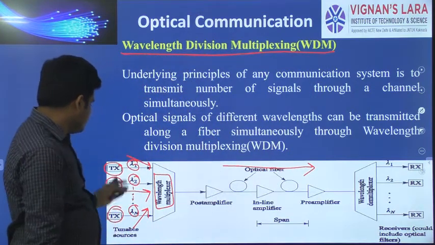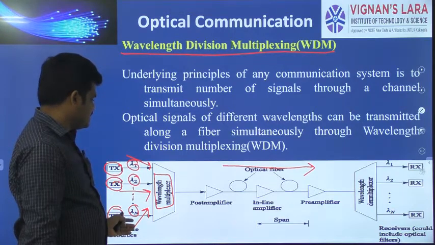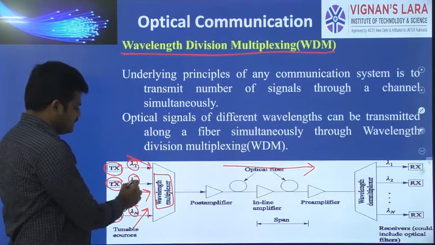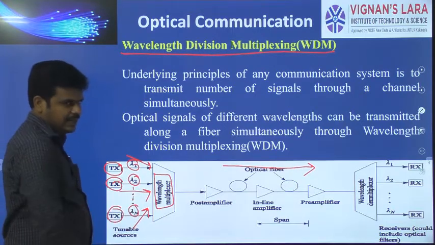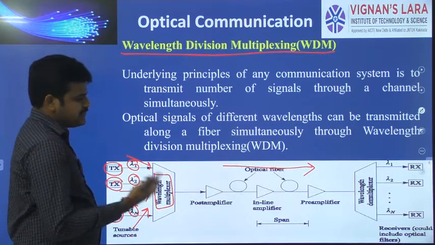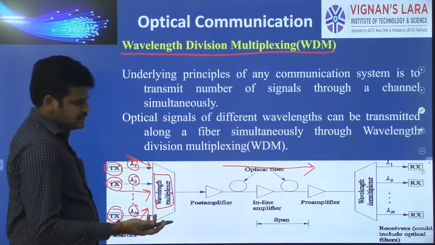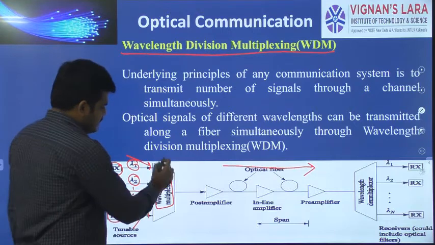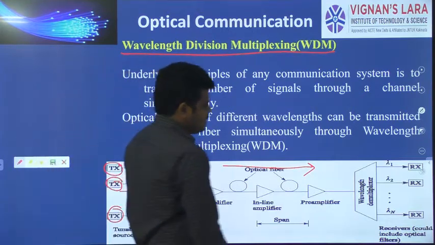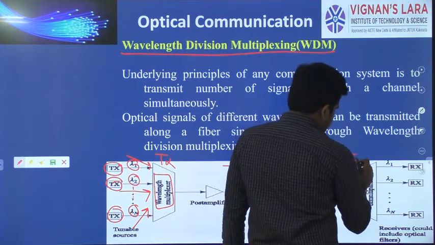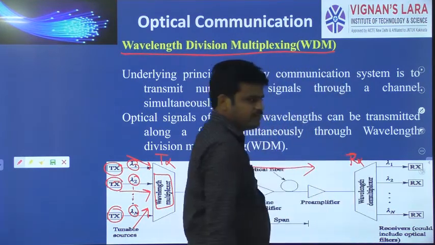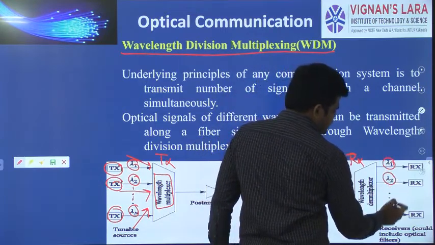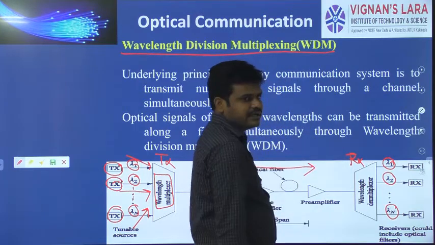Here a number of information sources are there. The signals coming from all the sources have different wavelengths, say lambda 1, lambda 2 and so on, lambda n. They need to be transmitted over a single optical fiber channel simultaneously, for which you require a wavelength division multiplexer at the transmitter part, and at the receiver part there exists a wavelength division demultiplexer to separate the information with different wavelengths.